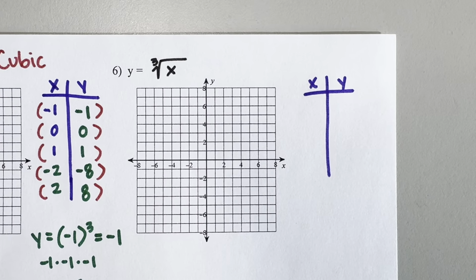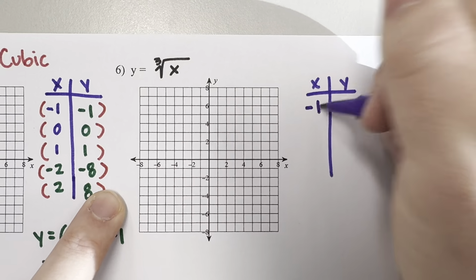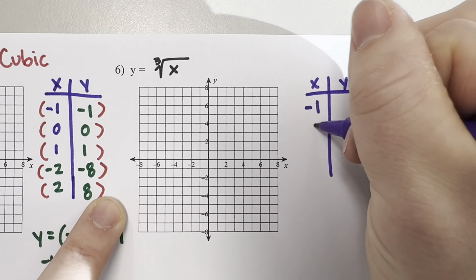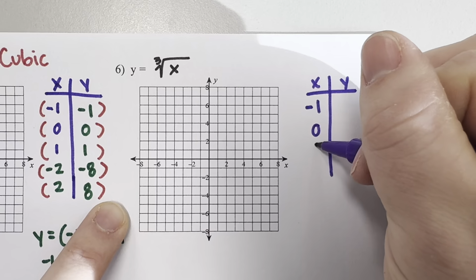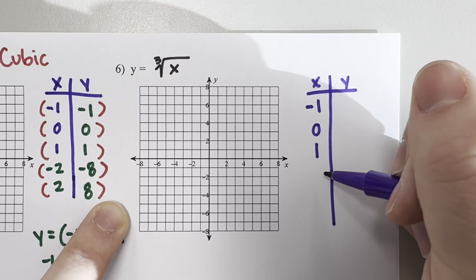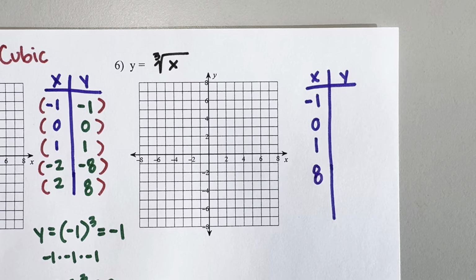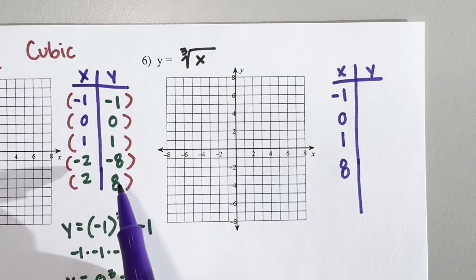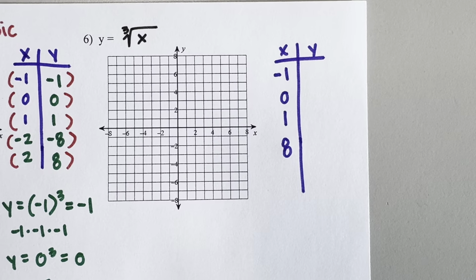So I'm going to choose -1, 0, +1, and 8. And if you're wondering where she's getting these numbers, hint, hint, look at these guys over here: -1, 0, 1, and 8. Okay, let's see what we get out.